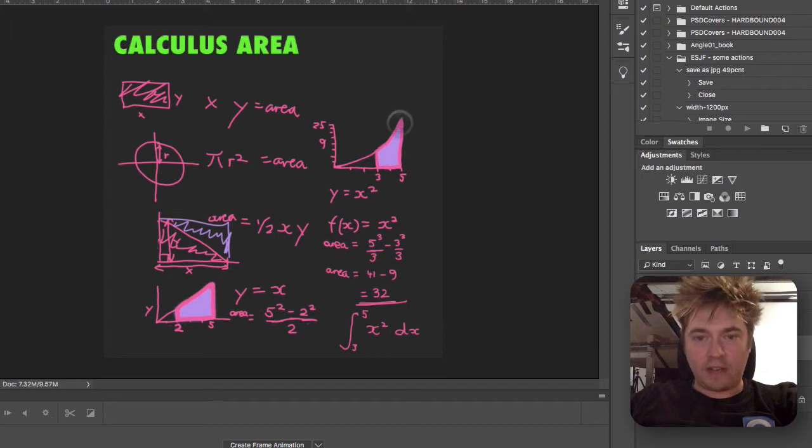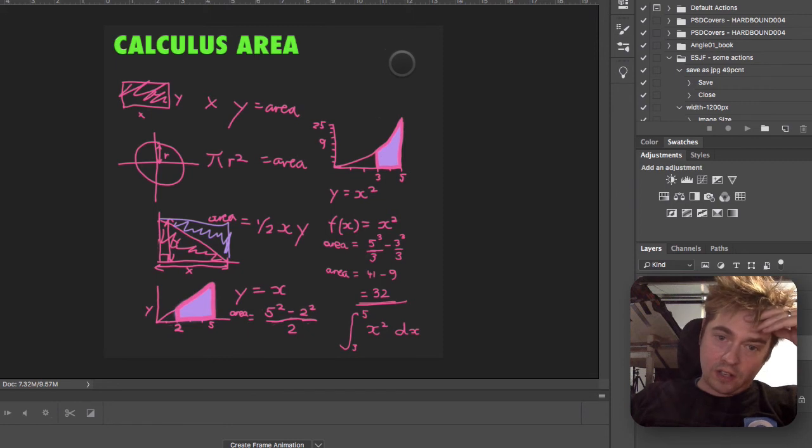And when you've got an idea of how it works in your head, it becomes that much easier, when you're writing out the formulas and stuff like that, to see if something's going wrong. So if you've got a rough idea of that sort of graph in your head, and you go, well, 5 cubed over 3 is like the area of that whole triangle, and 5 cubed over 3 is 41. Does that look like 41? Yeah, it kind of does. And does that look like only 9? Yeah, it kind of does, so that's all right. And I just find it much easier if you can visualize stuff.